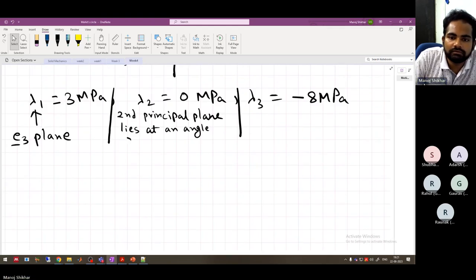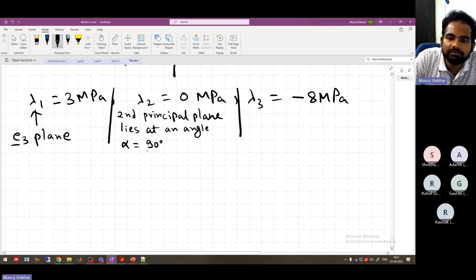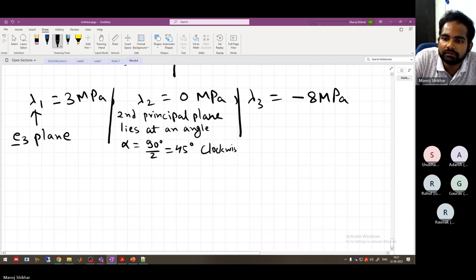Angle alpha equal to 90 degrees, right? Alpha equal to 90 degrees by 2, that is 45 degrees counterclockwise, not clockwise, because on Mohr circle we have moved clockwise.